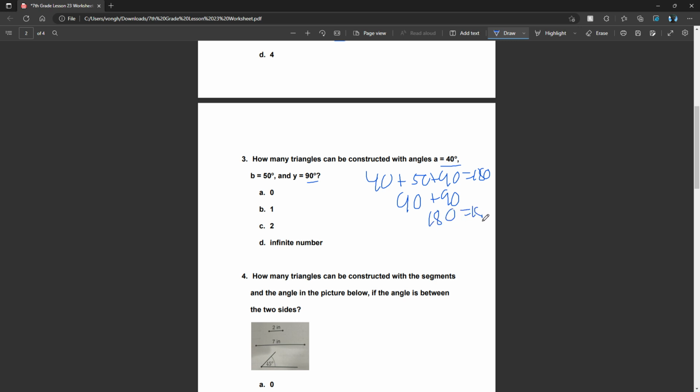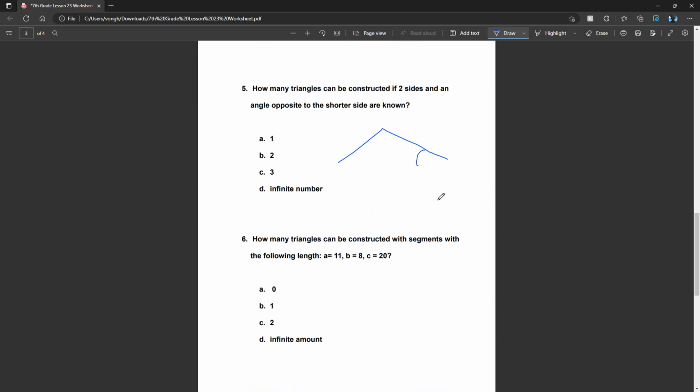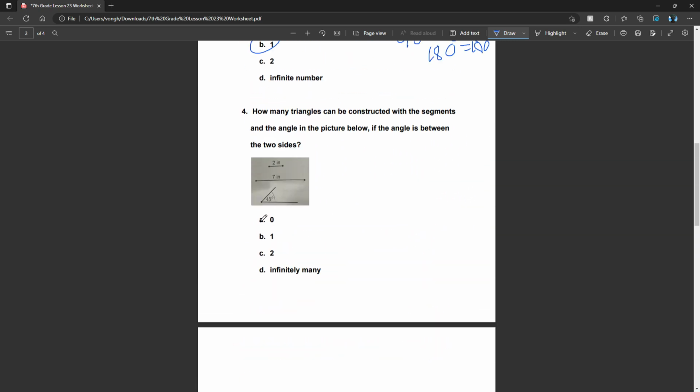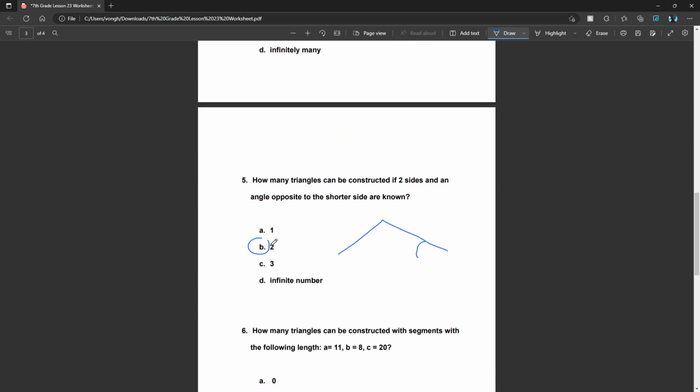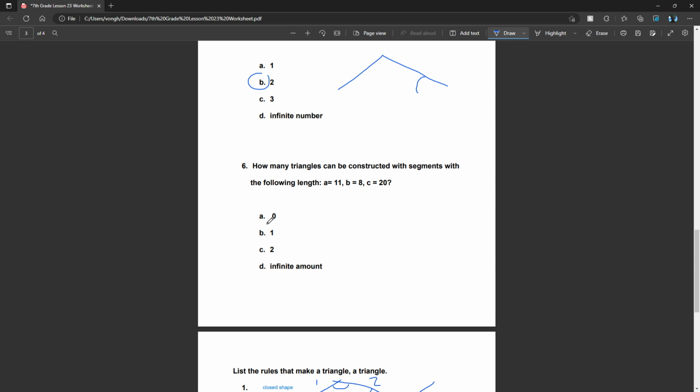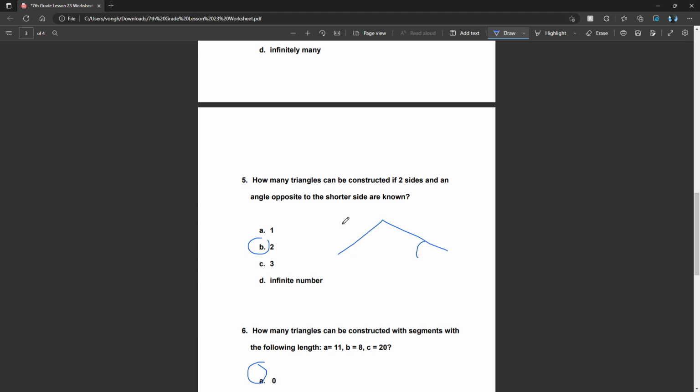That's equal to 180. And it's just gonna be 1 because the angles don't affect the lengths, so you can't really tell if it can create more than one triangle. But yeah, try 4, 5, and 6 on your own. The answers: 4 should be B, 5 should be B, and then 6 should be A. So try them on your own and see what you get.